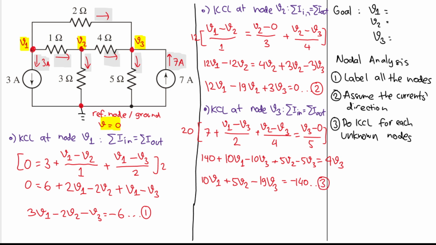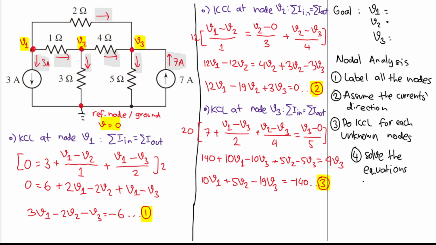But now we have 3 equations with 3 variables, right? 1, 2, and 3. What we need to do next is to solve the equation, right? So the fourth step here will be solve the equation. But it will be very painful to solve this equation manually.